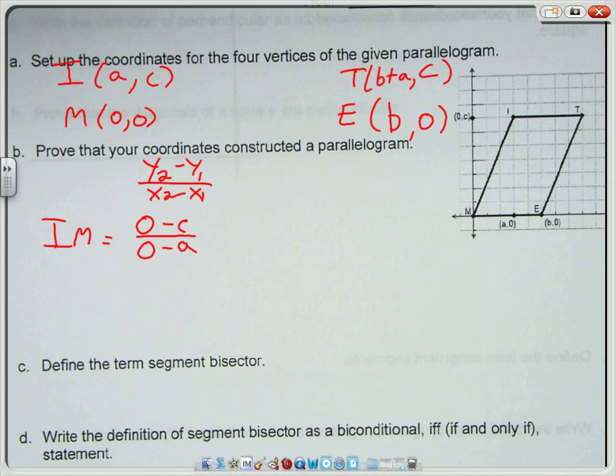Good. What's 0 minus A? Negative A. What's a negative over a negative? Positive. So we get C over A as our final answer. That's our slope for IM.